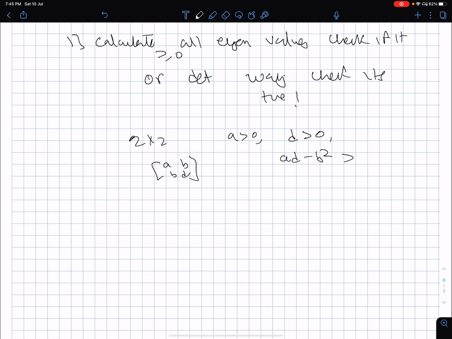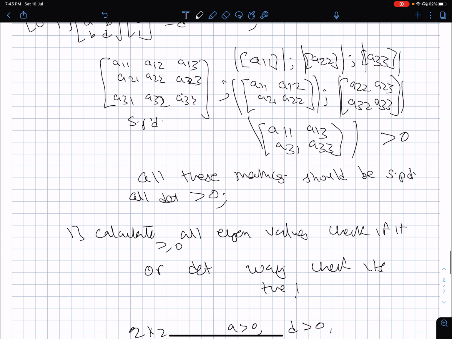The third thing is that this determinant should also be greater than 0. These three things you should check, or otherwise calculate the two eigenvalues and check they are greater than 0. Here, calculate the three eigenvalues and check those are greater than 0.